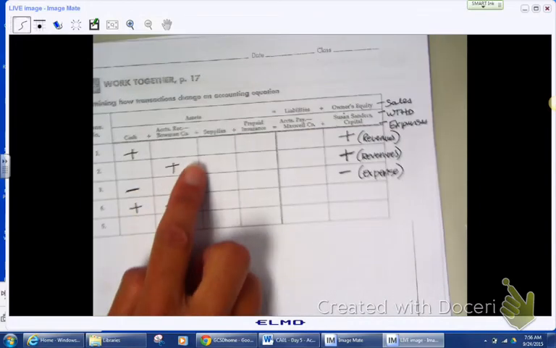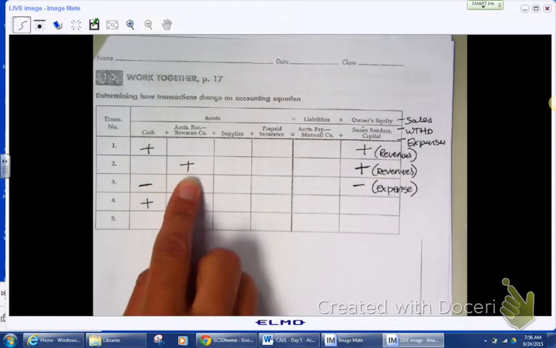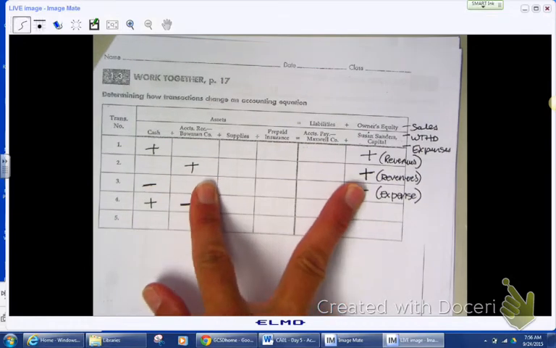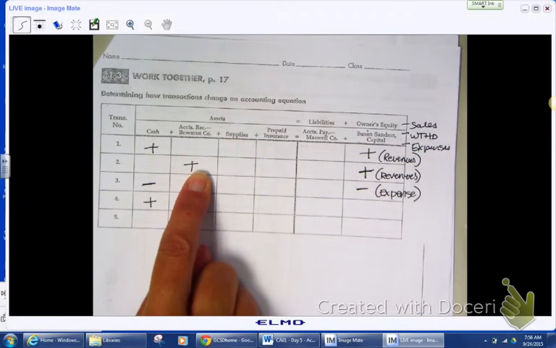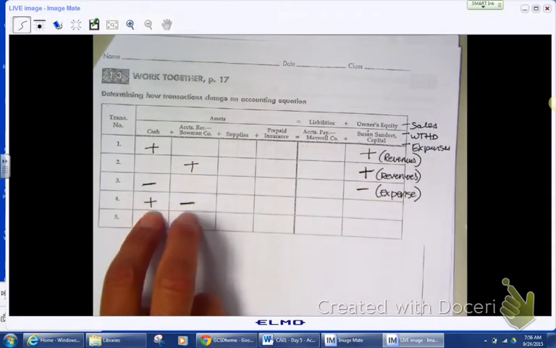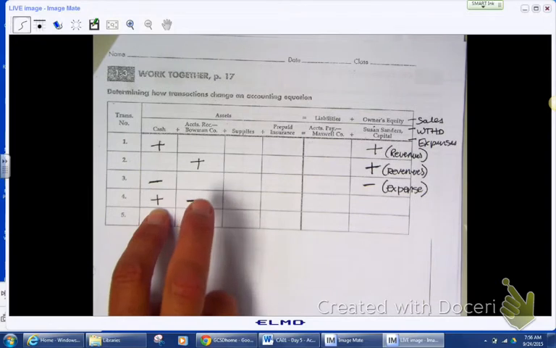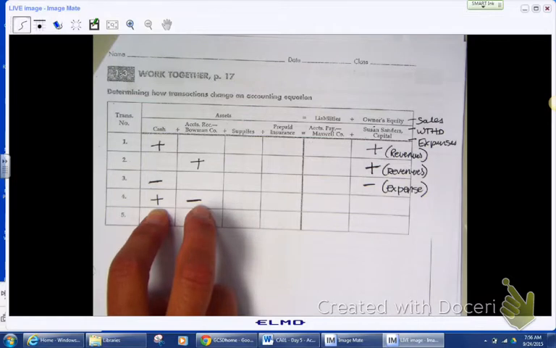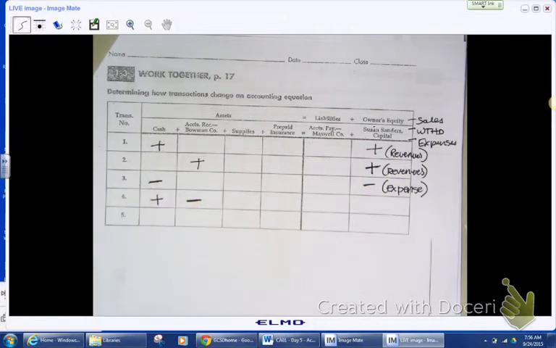So right here in this transaction, when we sell to Bowman on account, we recognize the revenue. They owe us that money. Here, we're collecting that money, and so therefore they owe us less, right? Because if they gave us some of the money they owe us, then they don't owe us as much, okay? So that's why you show that reduction right there, okay?